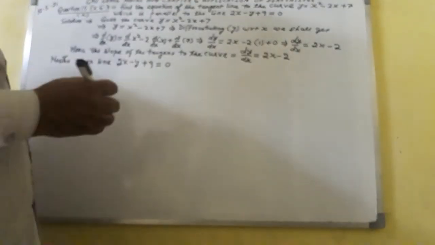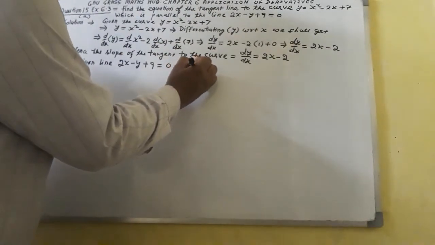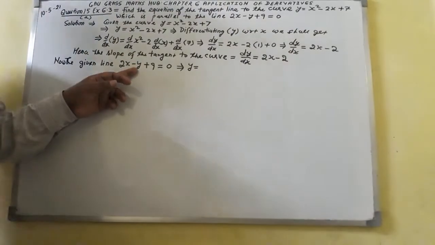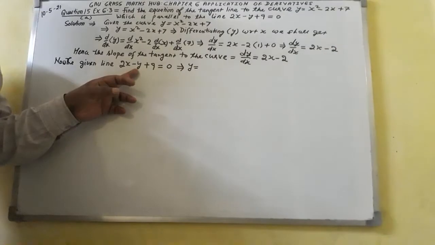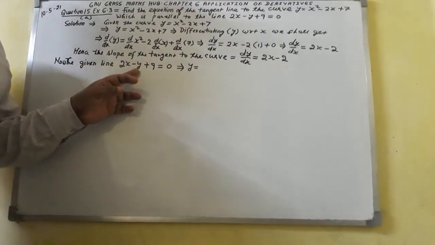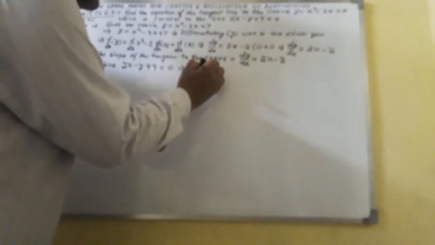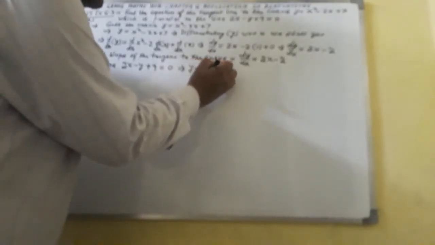So this can be written as 2x minus y plus 9. Here on the left hand side minus y is available. Minus y will be thrown to the right hand side, so it comes out to be y equal to 2x plus 9.